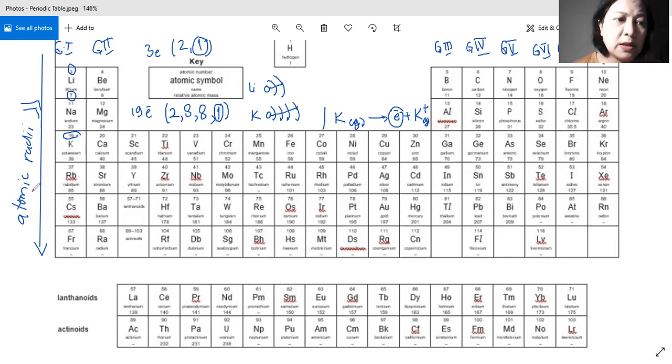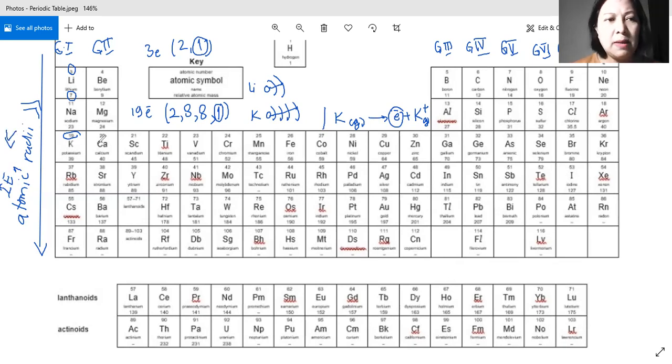So in other words, once again, as the atomic radii increase from top to the bottom, what happens is the first ionization energy, or usually we say IE1, ionization energy 1, is decreasing.